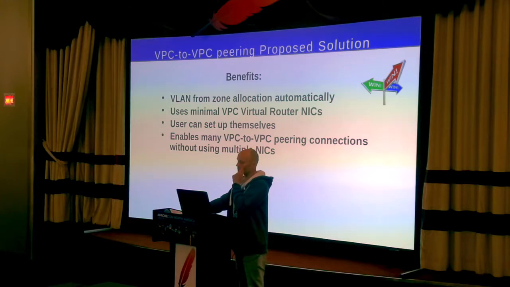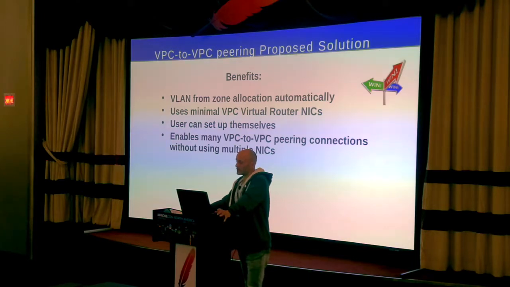So the benefits of changing the private gateway and implementing these ideas will be that the VLAN allocation will be done by CloudStack from the zone pool. It'll allow us to use the same VLAN per broadcast domain. Therefore, it'll just keep the different network ranges simpler. And also, there will be only one L3 network per broadcast domain.